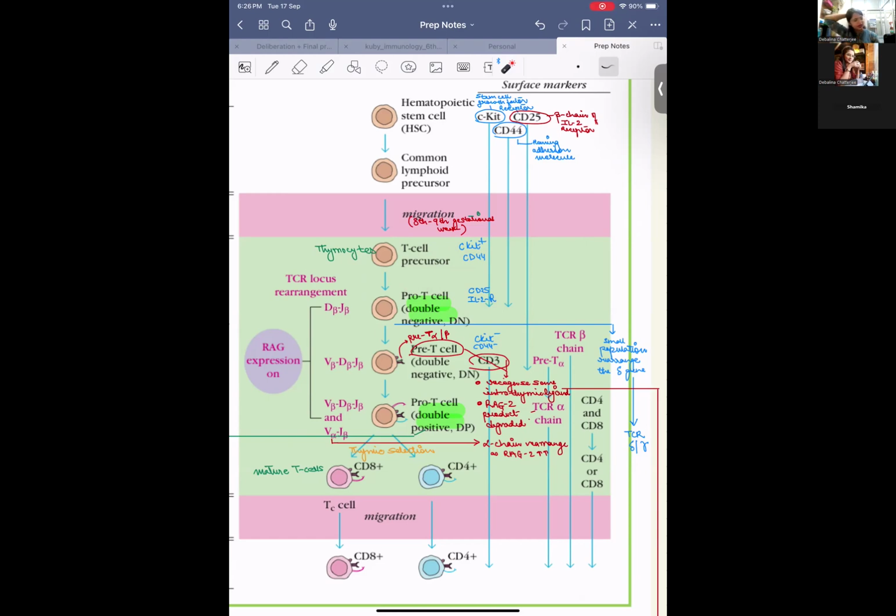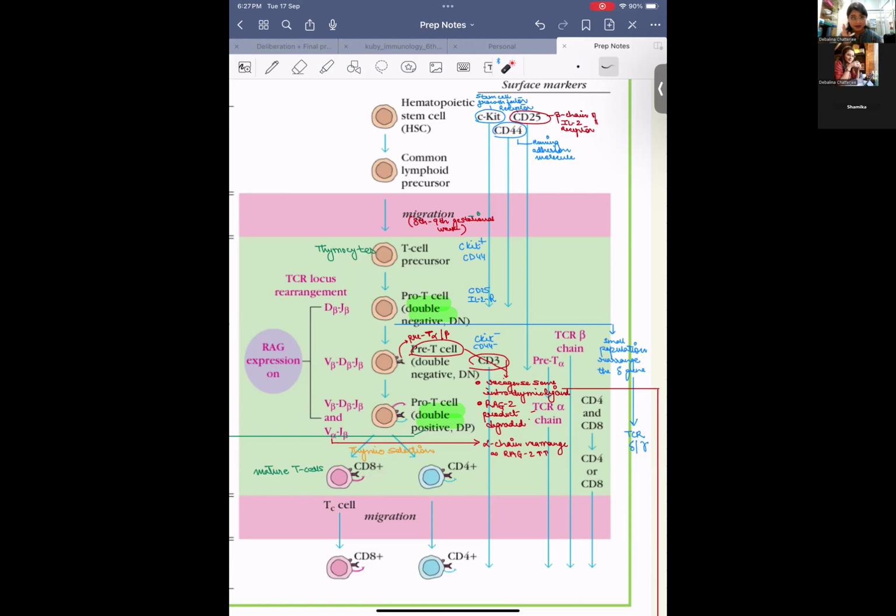When we discussed the T cells, we said that we have a TCR, and along with TCR, we have two co-receptor molecules based on which the subpopulation of T cell is defined, right? CD4 and CD8. Ultimately, we have the mature cells which have either CD8 or CD4.